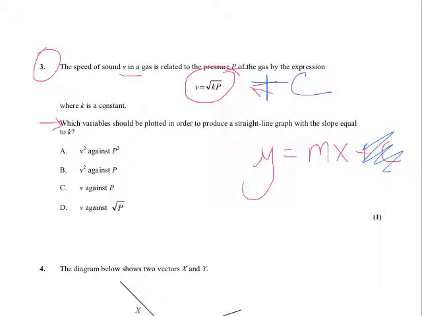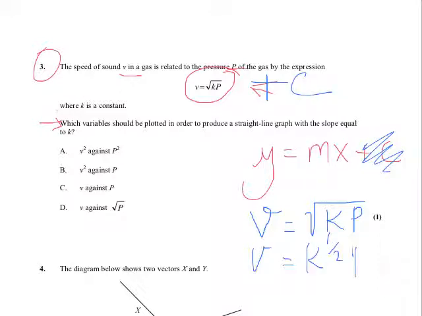And we can write the formula underneath it to see if it makes a little bit more sense. V equals square root of Kp. Now, square root means to the power of a half. So K to the power of a half and P to the power of a half. And you want a straight line.